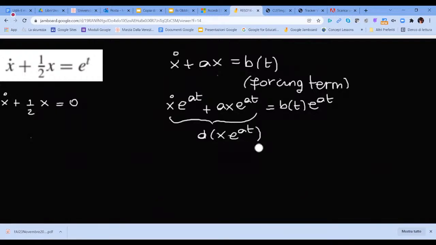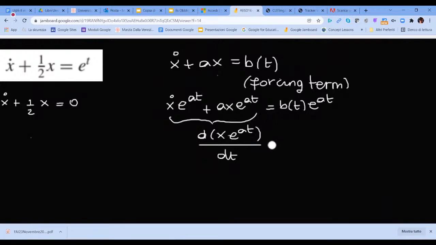This is the derivative with respect to t, because you have the derivative of x with respect to t, this x dot, multiplied by the exponential function plus x multiplied by the derivative of the exponential function, where you have to derive a times t and you have a coefficient a in front of the rest of the derivative.